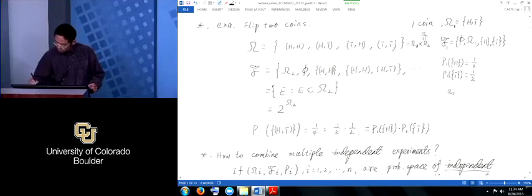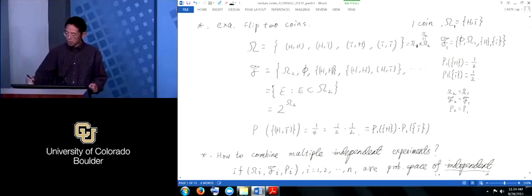So omega 2 equal to omega 1, F2 equal to F1, P2 equal to P1. So I have two sub-experiments here. Flip one coin, flip another, and they are identical experiments, but independent.